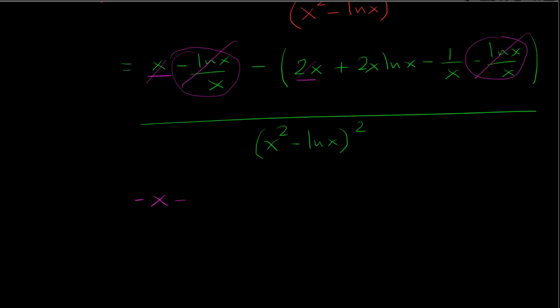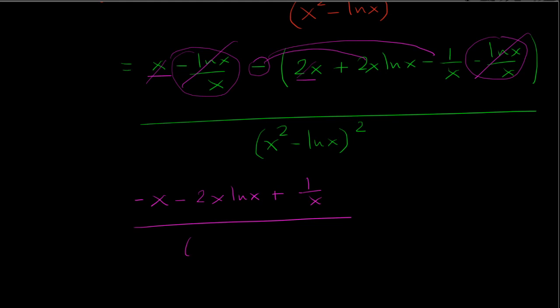So I have minus 2x ln of x plus 1 over x, right? Because this negative is going to distribute out to these two terms. And that's all going to be over x squared minus ln of x squared. And that should be good enough.